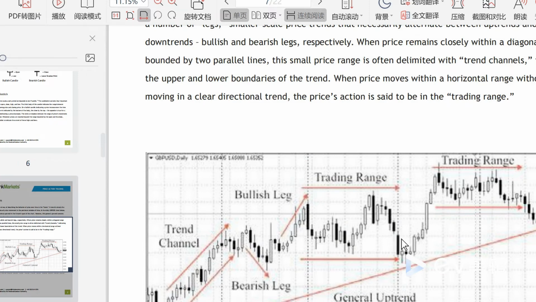We call this a range because the price is hitting in between these two levels. You're seeing the price fluctuating right here, and then after that you're seeing this. This is a general uptrend format. The price is actually increasing dramatically right here, and you see another range right here.